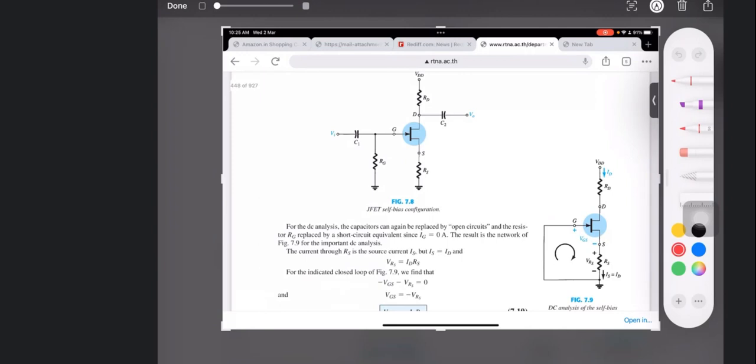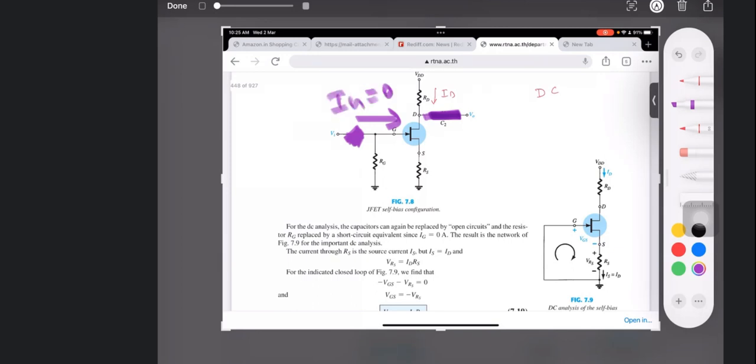So once you understand how the currents are flowing, it is very easy. This is ID current or DC analysis. What is going to happen? This is going to be open circuit. This is also going to be open. Okay. This current we know, this is IG current.